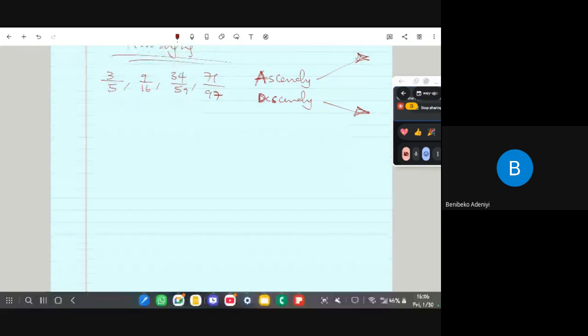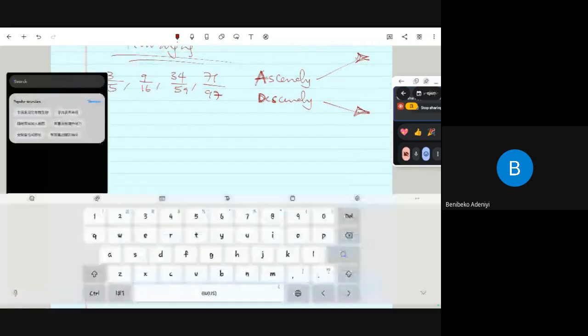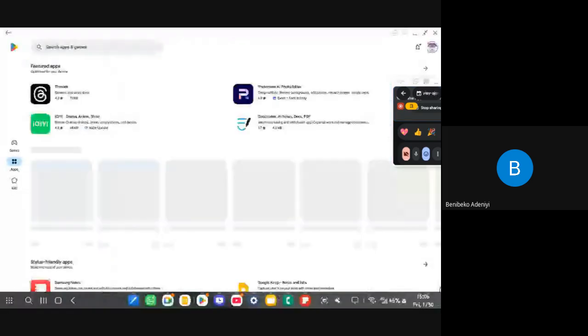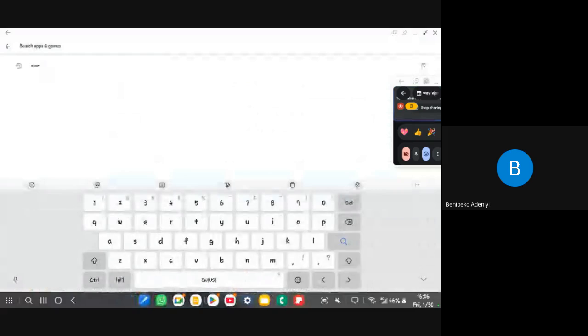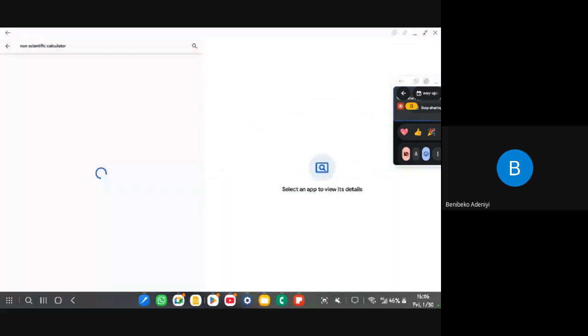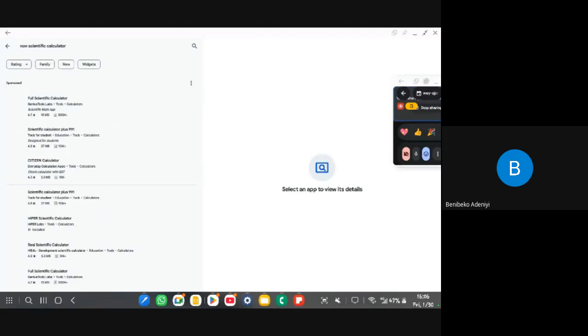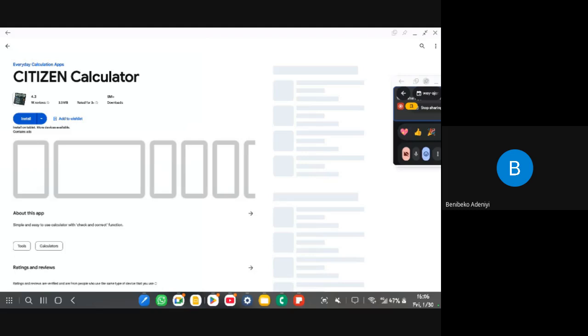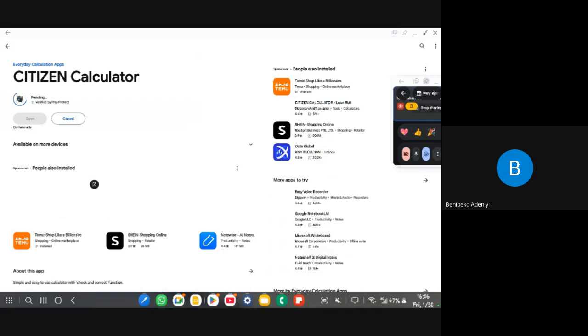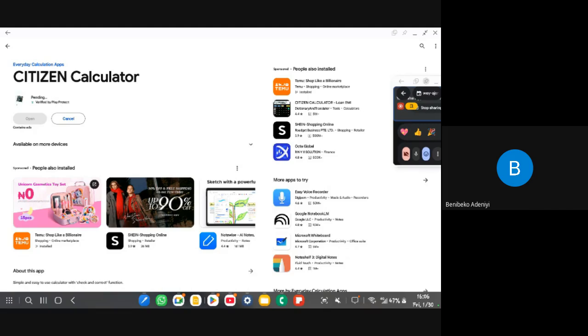Okay, let me do something. Non-scientific. Once it downloads, this is what we'll be using to practice, so you guys can acclimatize to it.